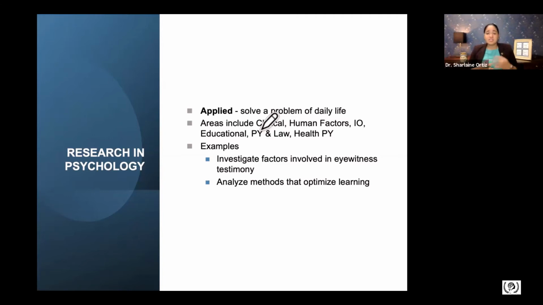Now, some of the things that we can look into, especially in the field of psychology and law, which interestingly is my specialty in forensic psychology, is, for instance, we want to investigate factors involved in eyewitness testimony.